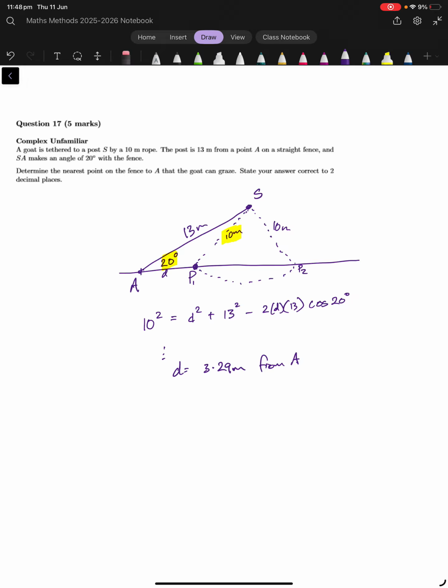If for whatever reason, bear with me, I'm going to jump on Desmos on my computer and just see if I can confirm that that's what happens when I type in that equation.